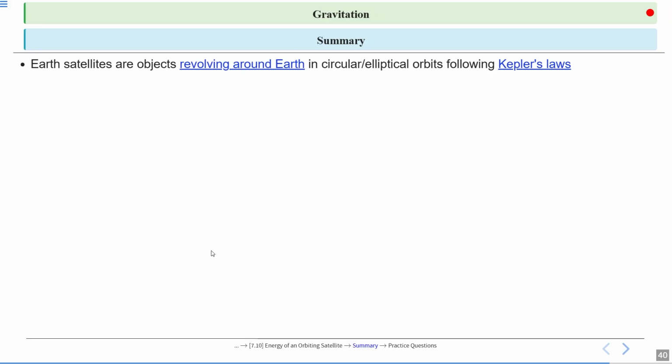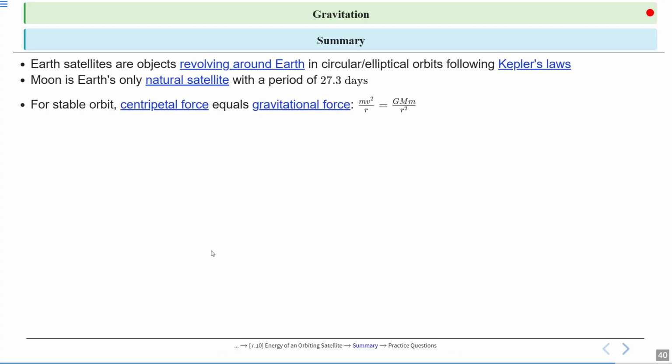Before we end today's lecture, let's quickly go through the summary of what we have learned. Earth's satellites are objects revolving around Earth in circular or elliptical orbits following Kepler's laws. The Moon is the Earth's only natural satellite, with a period of 27.3 days. For a stable orbit, centripetal force equals gravitational force, that is mv²/r = GMm/r².